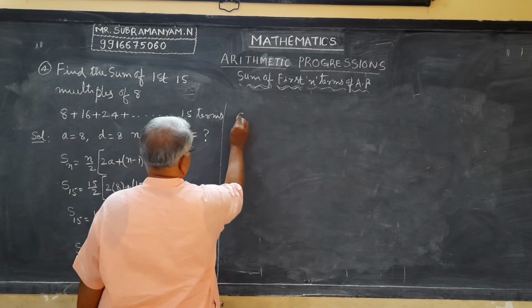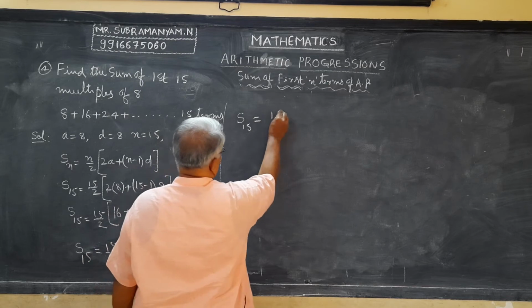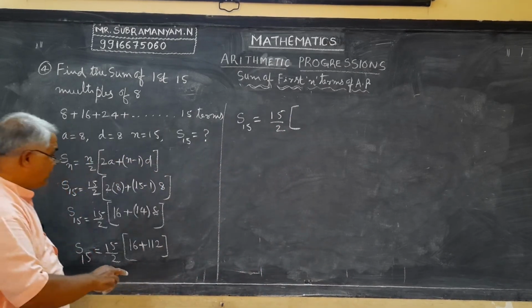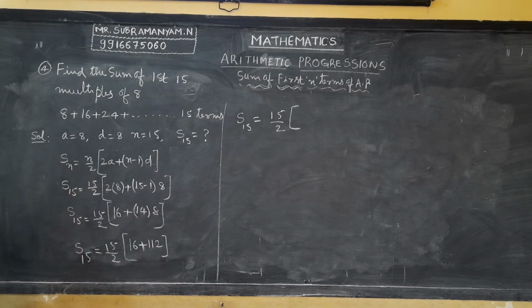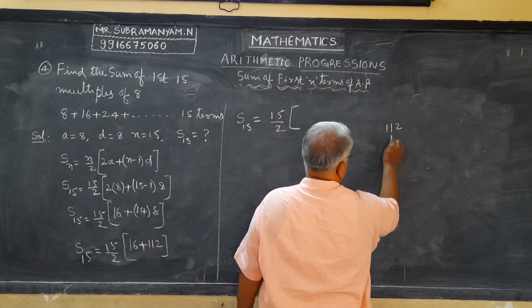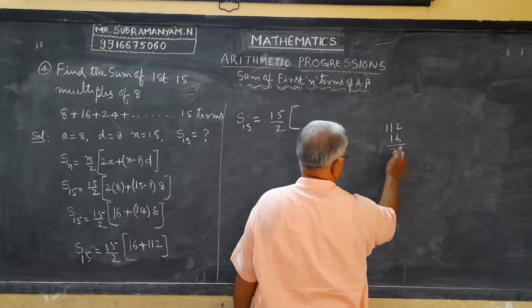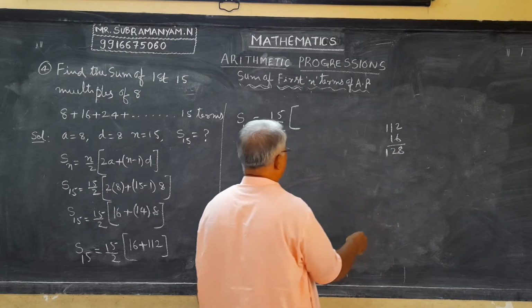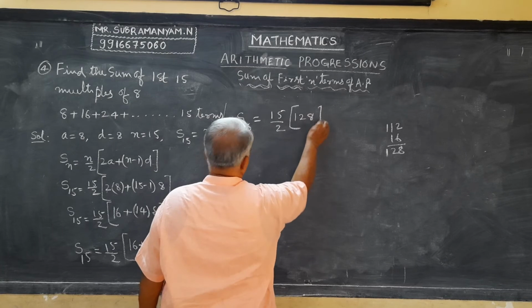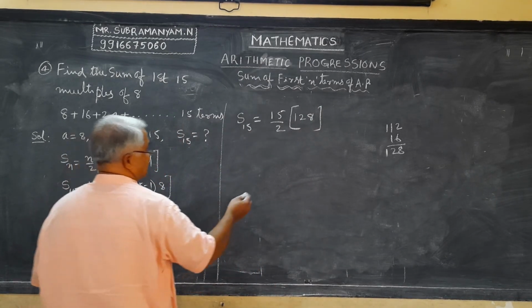S15 equal to 15 by 2 into, we add these two, 112 and 16. 6 plus 2, 8. 1 plus 1, 2, and 1. 128. Now we have to simplify this.